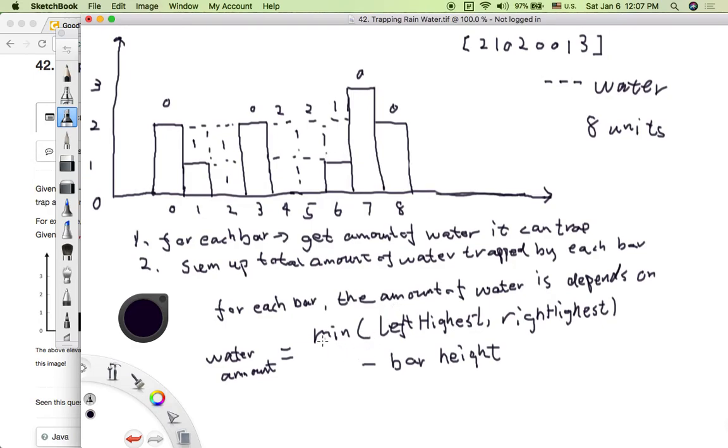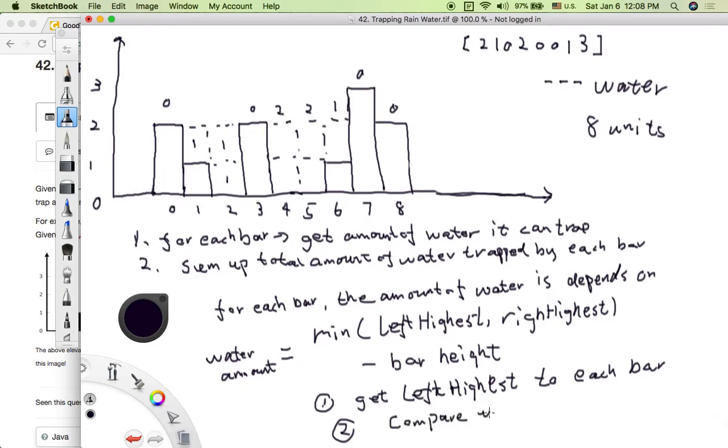So for the coding, to convert these ideas to code, we can first iterate over each bar to get the left highest value relative to each bar, and then compare with the right highest.